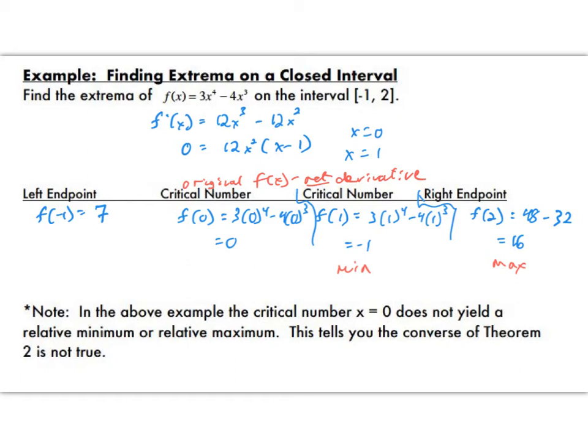Now the critical number x equals 0 doesn't yield a minimum or maximum. So that tells you that the converse isn't necessarily true. Just because a derivative is 0 does not guarantee that that particular point is a local min or local max, or even global, depending upon the circumstances.